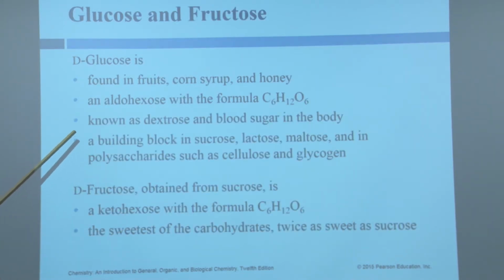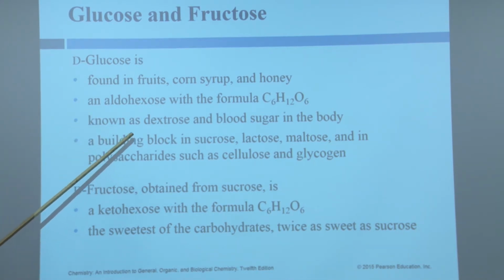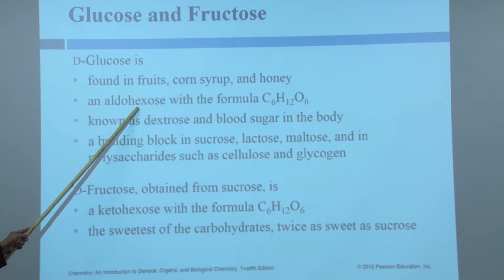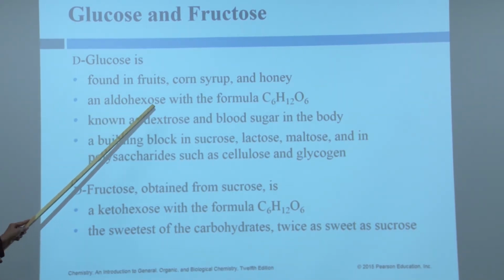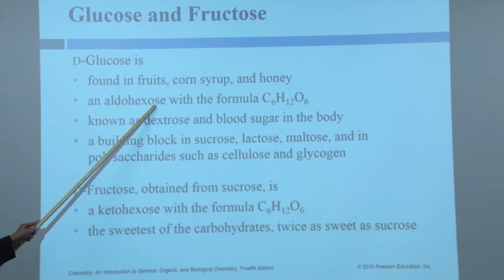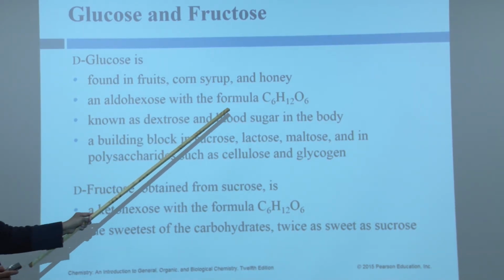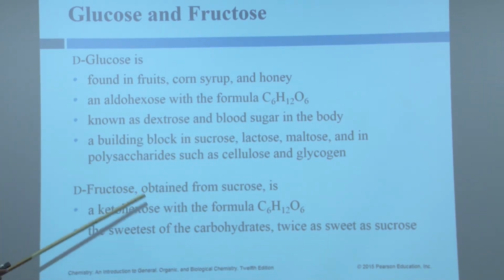Glucose and fructose are both monosaccharides. Glucose, found in fruits, corn syrup, and honey, is an aldohexose. We know what that means: hex, it has a 6 carbon chain, has an aldehyde group, is a carbohydrate, and the formula is C6H12O6.